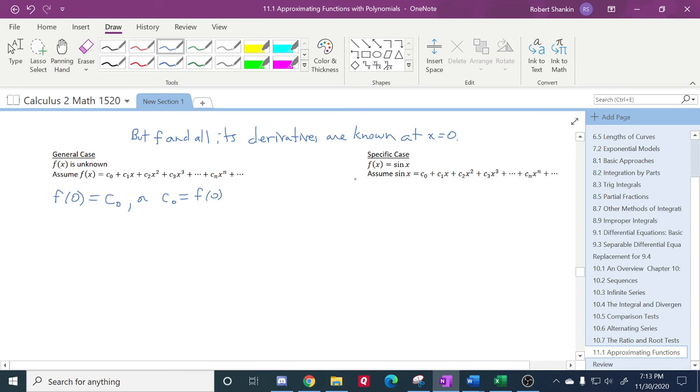Okay. Now, we're going to do the same thing over here for sine x. Instead of f of x equals this, we're going to say sine x is equal to this. So assume sine x can be written as this power series.